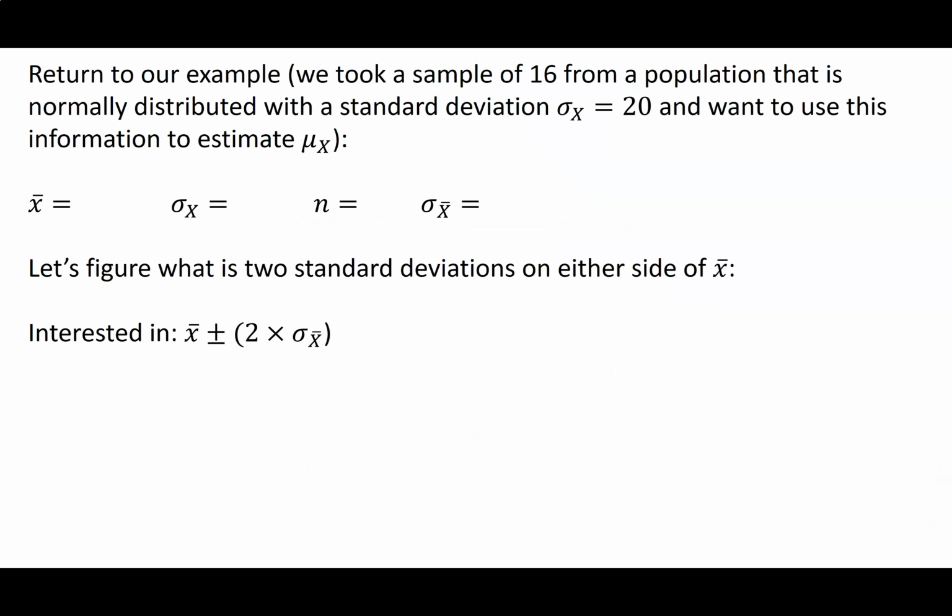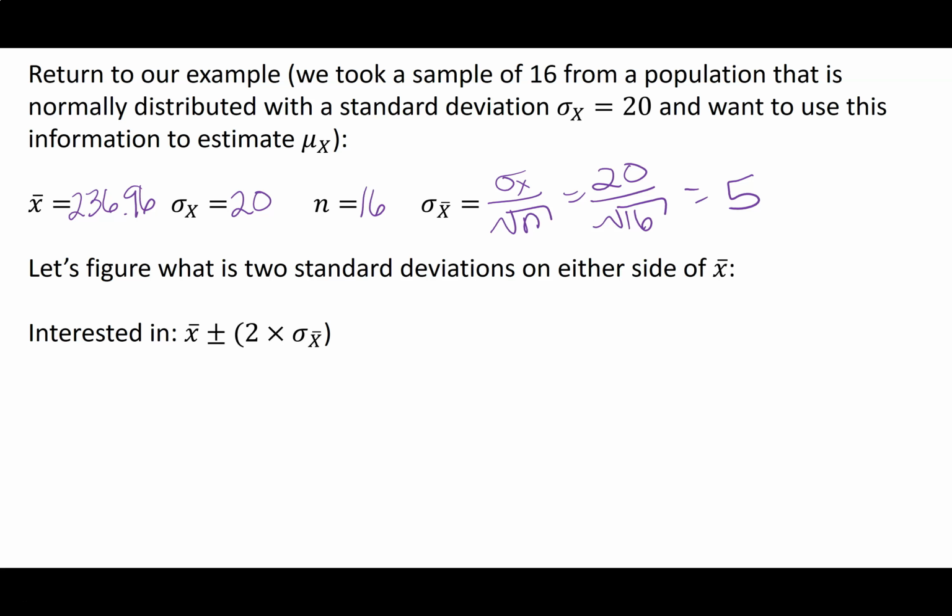Returning to our example here. My sample size is 16. We got a sample mean of 236.96, and a standard deviation of 20. And then this was just filling this out again: 20 divided by the square root of 16 ended up getting 5.